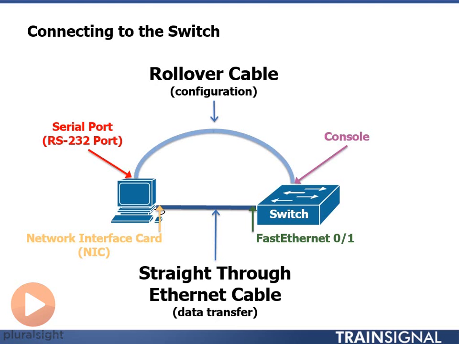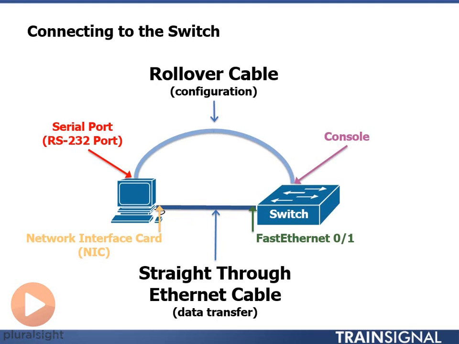Switches, on the other hand, we don't have to worry about that too much. If we can get to the router, hopefully our network connection is good enough that we can just connect to the switch over our network connection versus over a console cable.